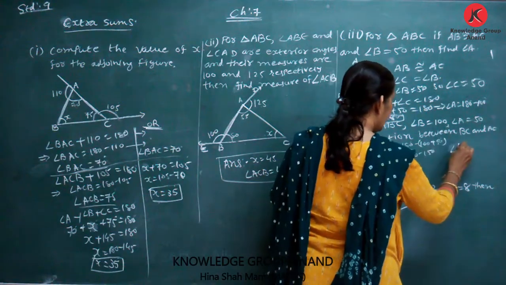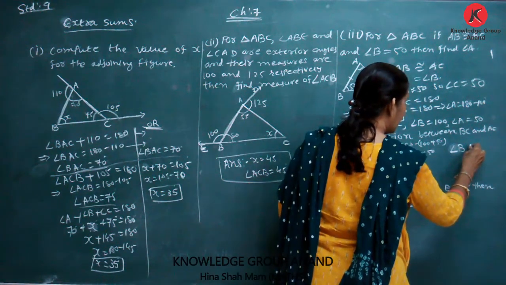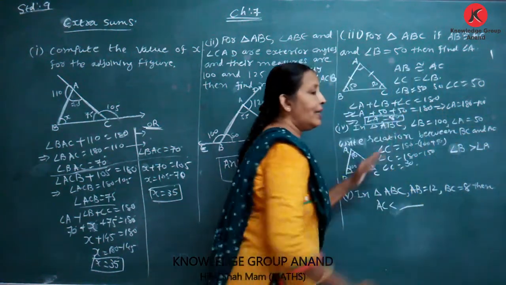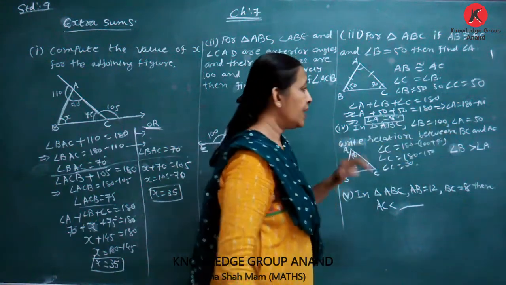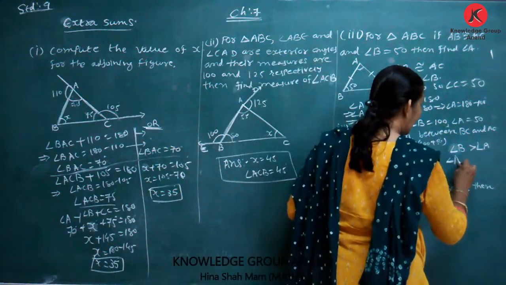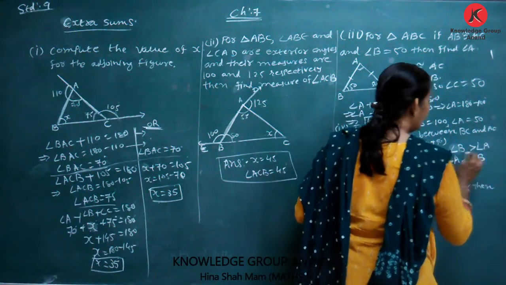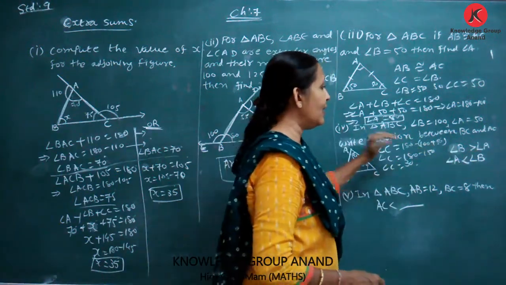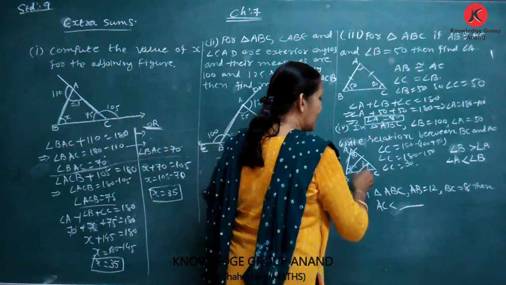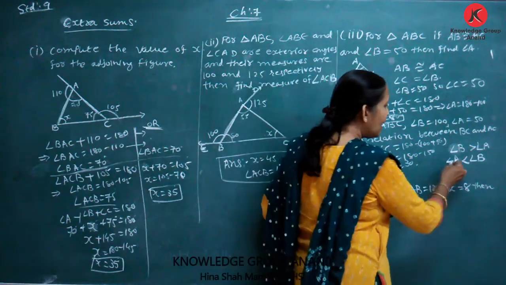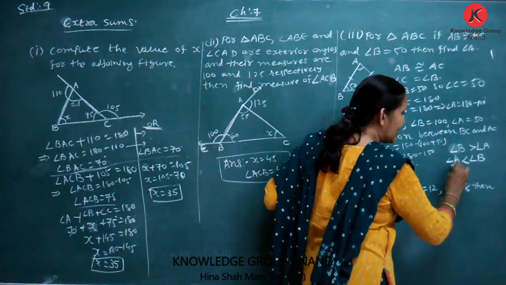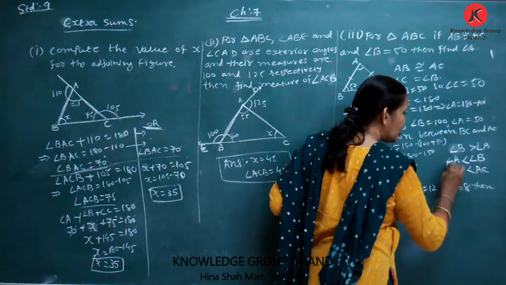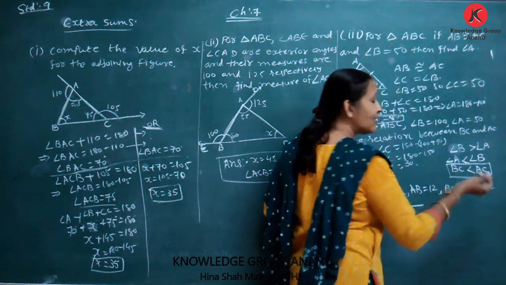Angle B is greater than angle A, or angle A is less than angle B. You write like this: angle A, whose opposite side is BC, is less than angle B, so BC is less than AC.